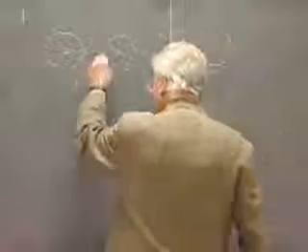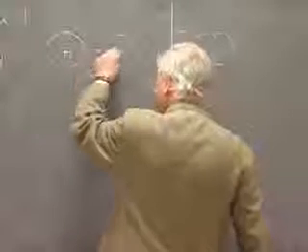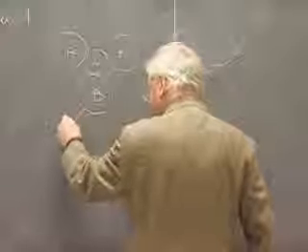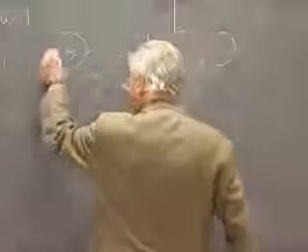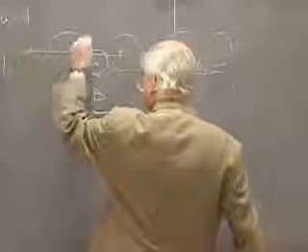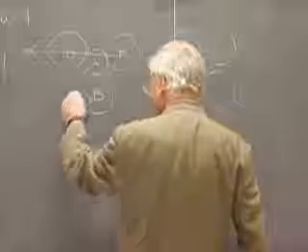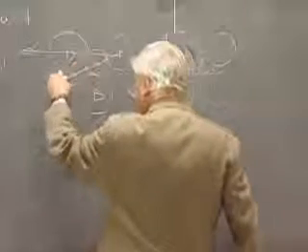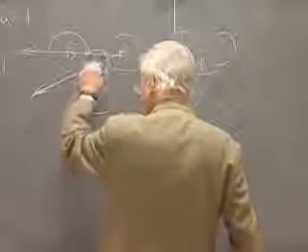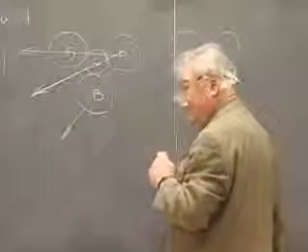In addition to the attractive force between anion and cation, there is also a repulsive force between the anions. So here's the repulsive force between this B and its neighboring B, and this B and its neighboring B, and the resultant is a force that tends to push apart the A and the B ion.